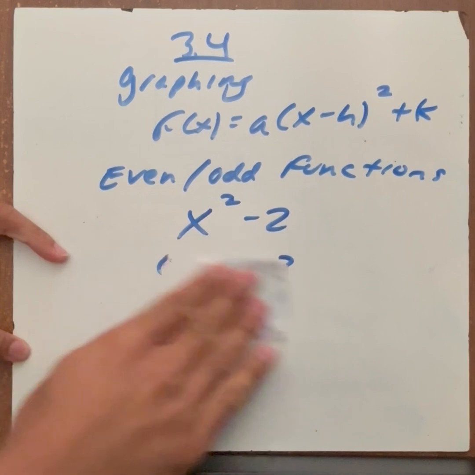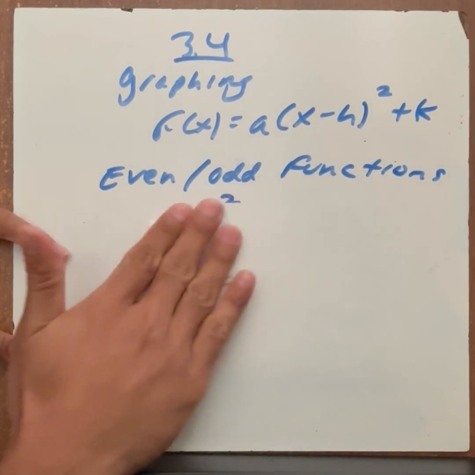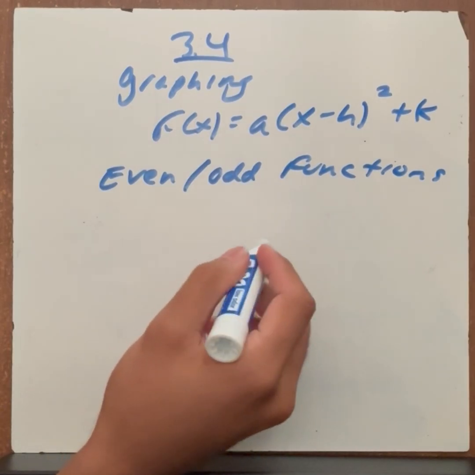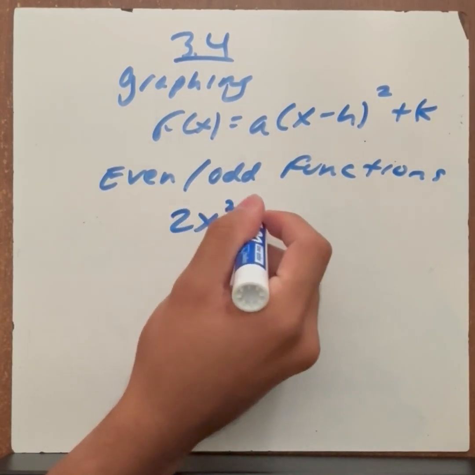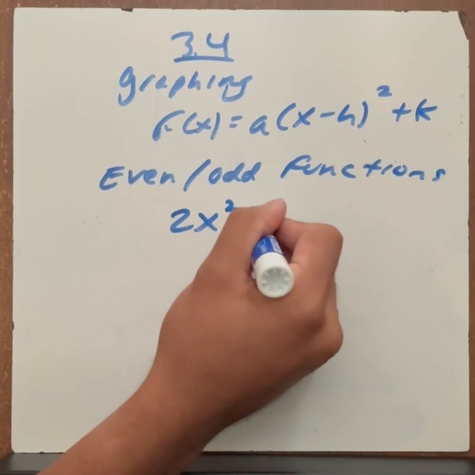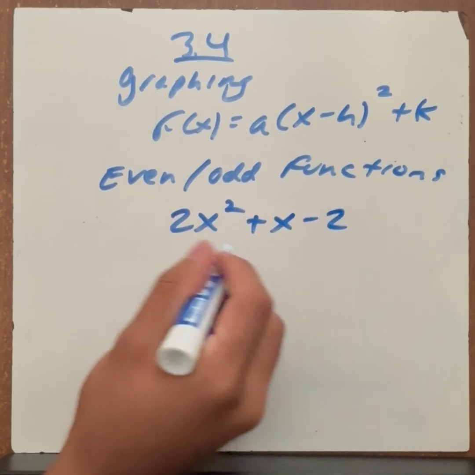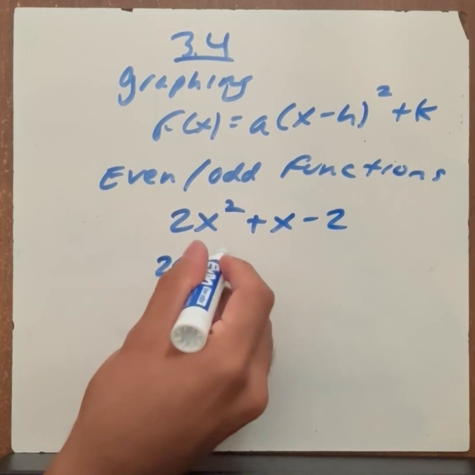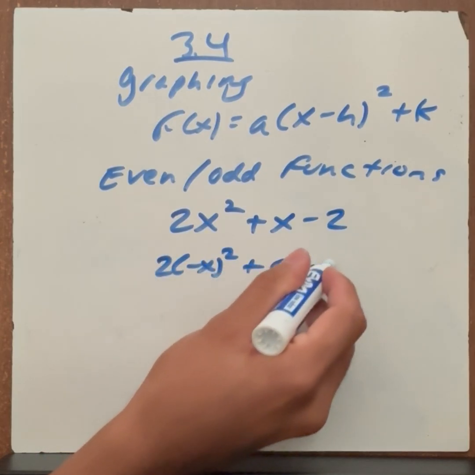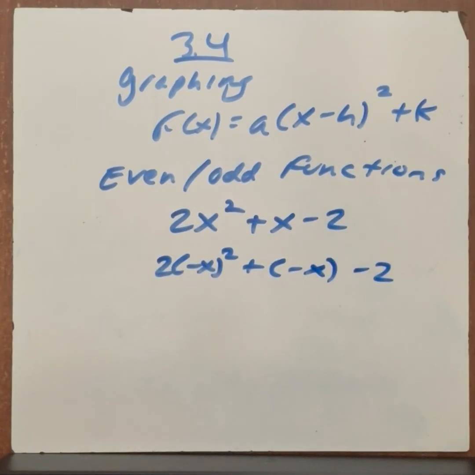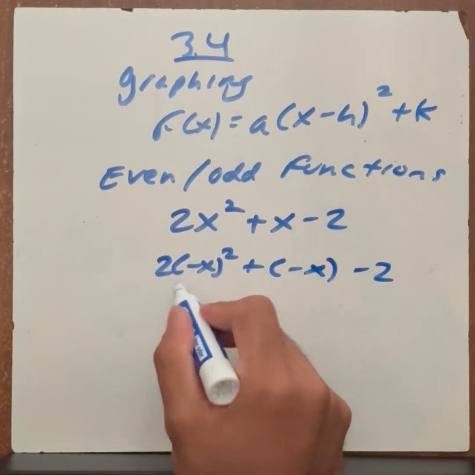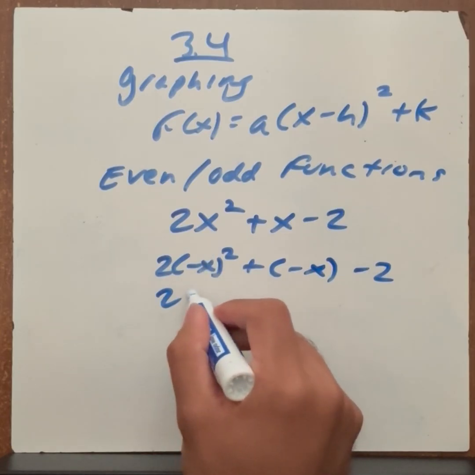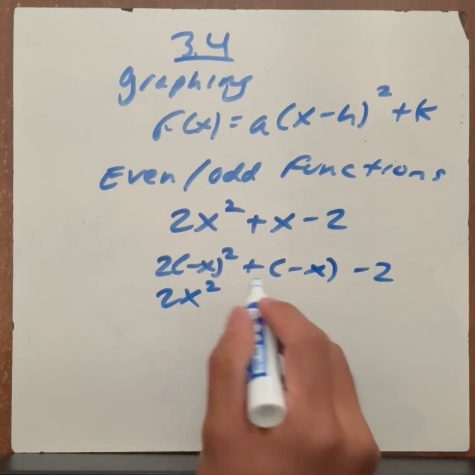Let's take a look at something that would be neither. 2x squared plus x minus 2. Plugging in a negative for the x, we get 2 times negative x squared plus negative x minus 2. Two times negative x squared is negative x times negative x, which is positive x squared, so 2x squared.